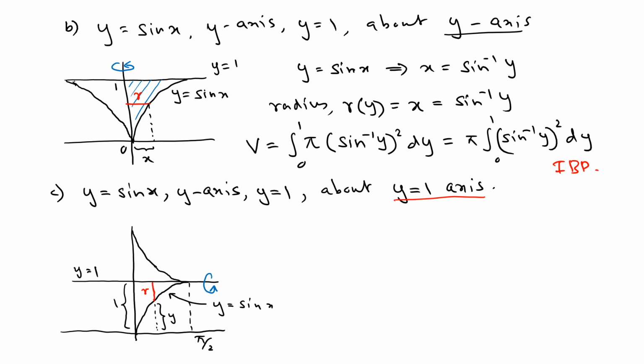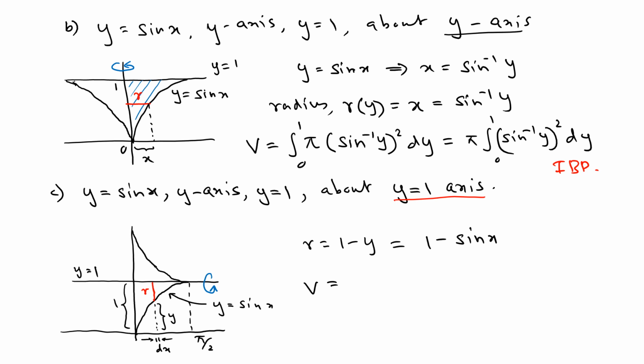So the radius is r equals 1 minus y, and this is a dx problem because the thickness is in the x direction. That means we have to plug in that 1 minus y is 1 minus sine x. So that's the radius.